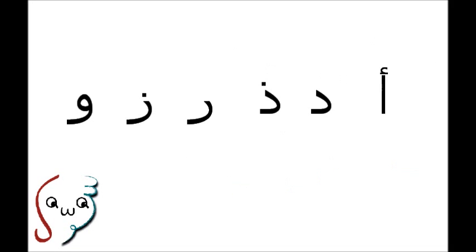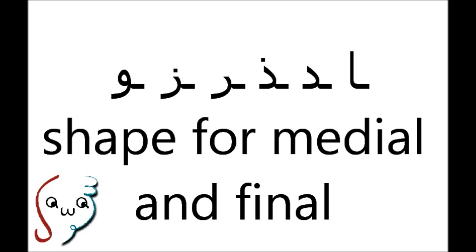So here are the letters: alif, dal, zal, ra, zain, and waw. 6 letters, and these letters can only be connected from the right but are not connected from the left. Therefore their medial form is always just like the final form.